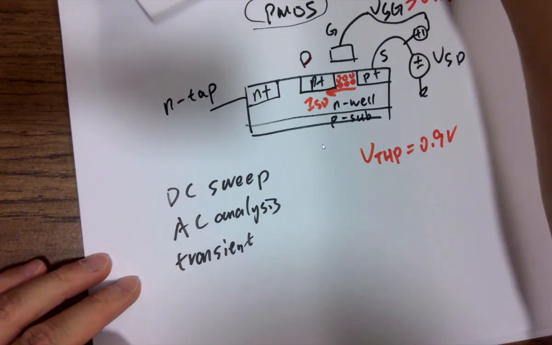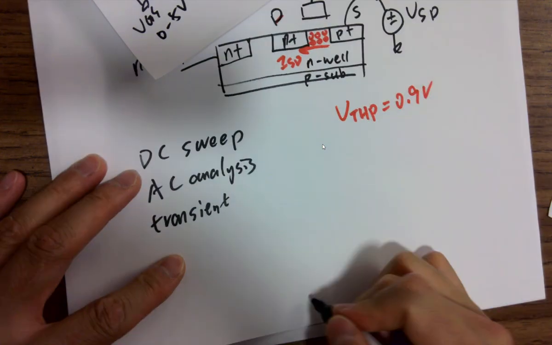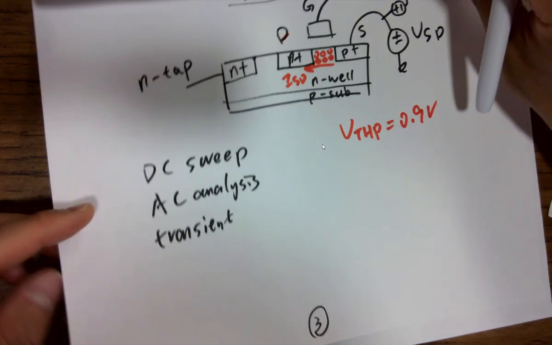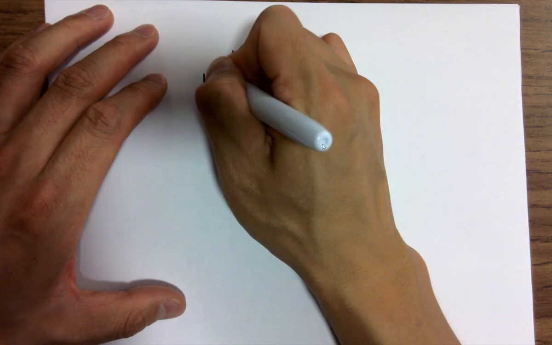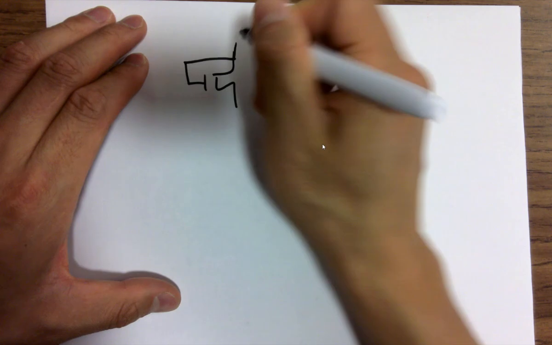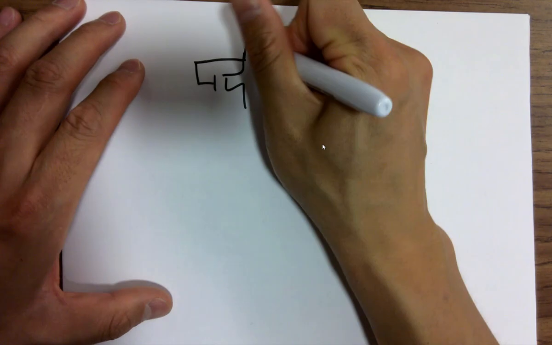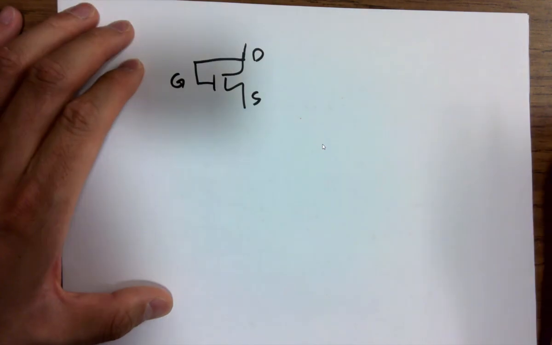I want to cover a little bit more here. So if I make a connection of the circuit like this, here's the NMOS, and the drain, here's the gate, here's the source.